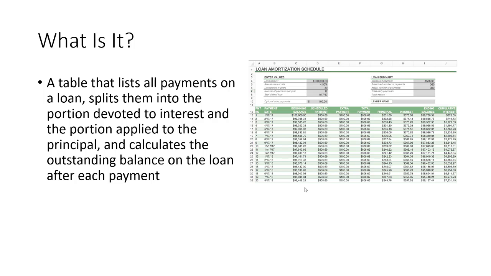It splits each payment into the amount that's devoted to interest and the amount that's devoted towards the principal of the loan. And then it calculates how much is left on the loan. That's the outstanding balance after each payment. And what you see here is a template from Word. Notice that it has a column for the principal and a column for the interest.